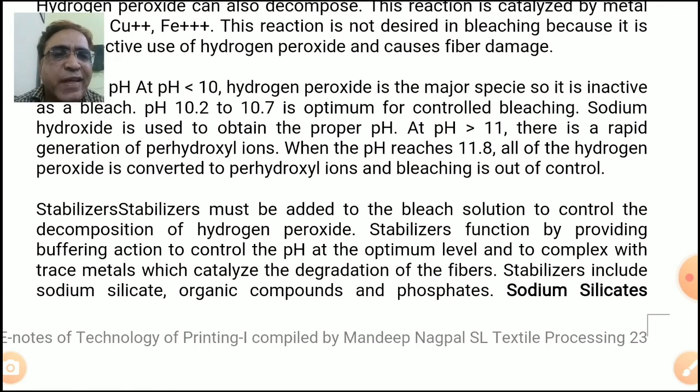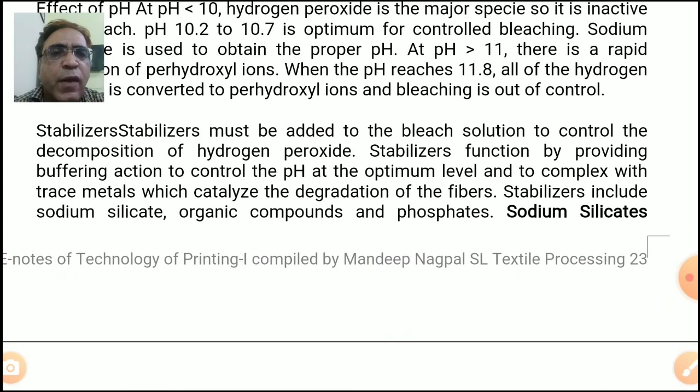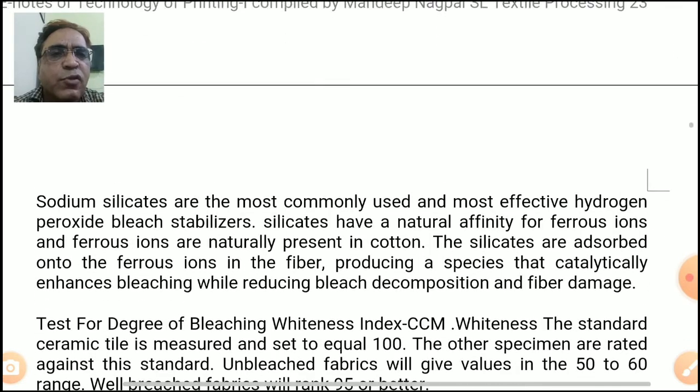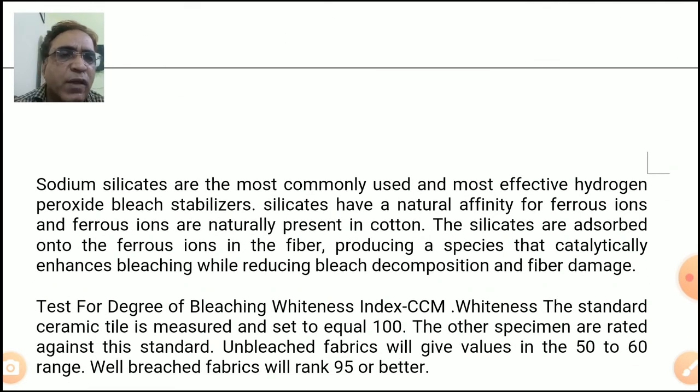Sodium silicate is specifically used as the stabilizer, which controls the pH. It acts as a buffer solution which keeps the pH between 10.2 and 10.7. By that, safe bleaching is done on the cotton fabric using the hydrogen peroxide method.